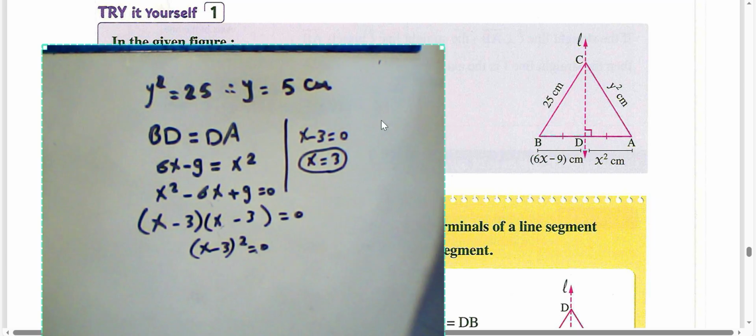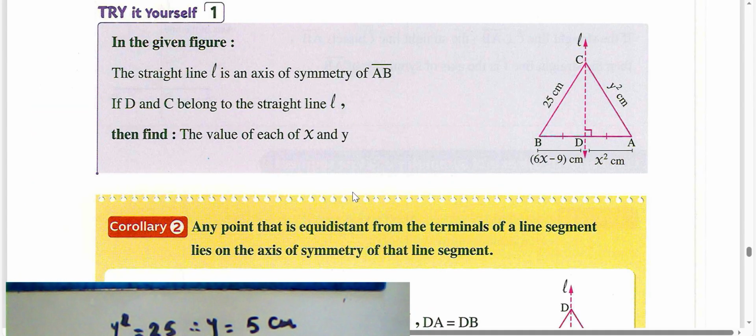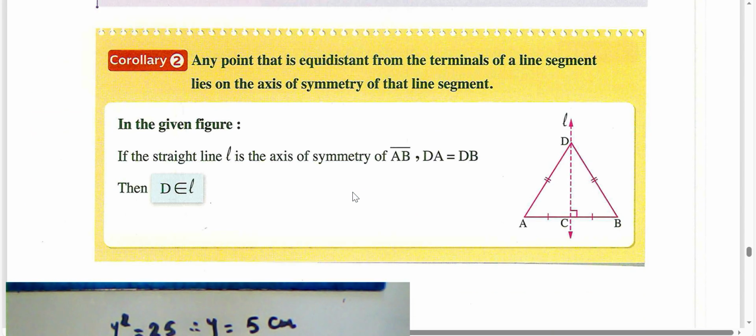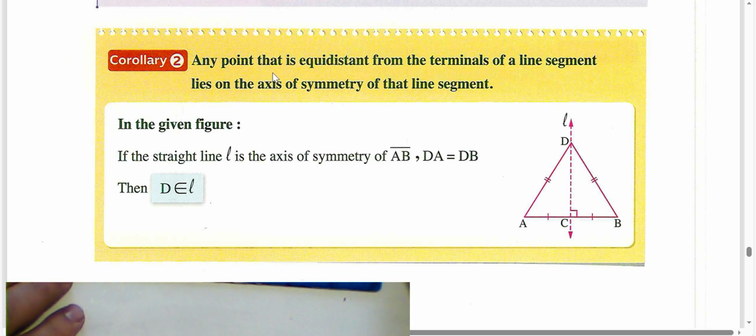So the value of x is 3 and the value of y is 5. y equals 5 centimeters and x equals 3 centimeters. Example number 2: any point. The inverse of property number 1. Okay, any point like point D, look here, any point that is equidistant from the terminals of a line segment lies on the axis of symmetry of the line segment.